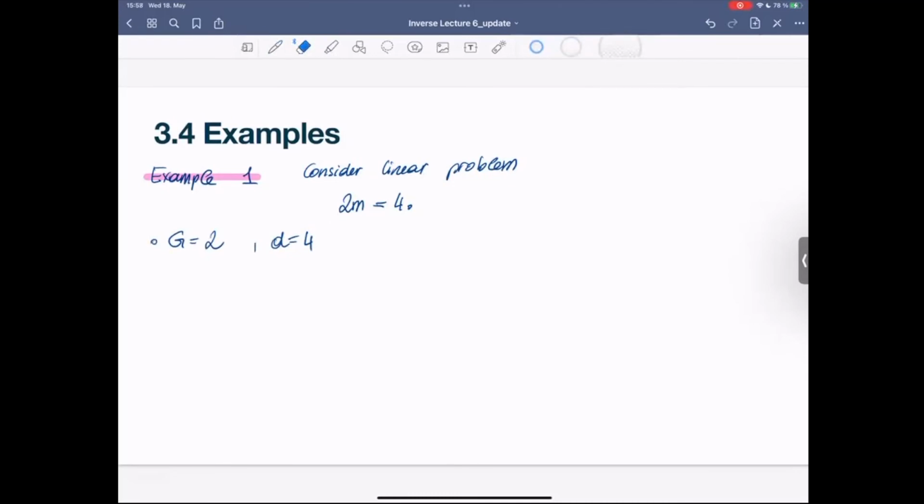This holds for every iteration, because g is not dependent on m anymore. So G11 equals 2 for all iterations.